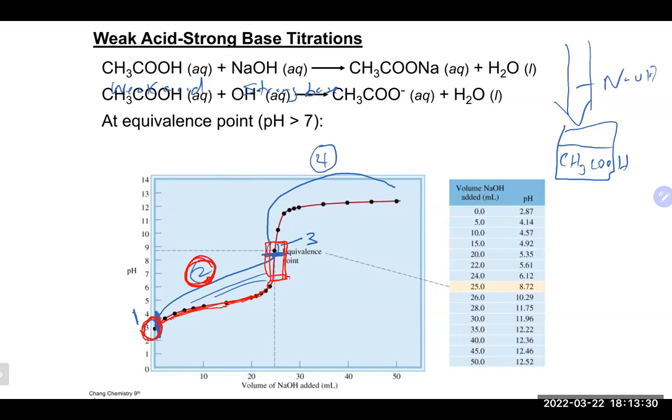As you add it, one part of the buffer gets used up, and that's basically what we're doing here in the titration. We're continuously chewing up, in this case, the acid part of the buffer, which means at some point we're going to blow through the buffer, and that's why we see that jump in pH to the equivalence point. Any questions on that?